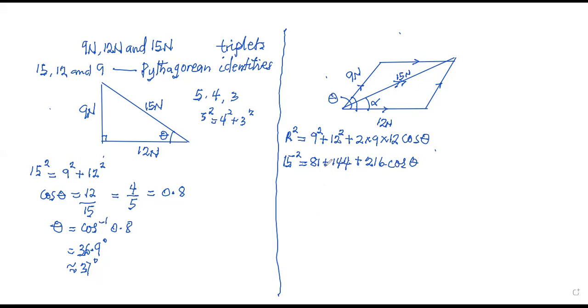Sum up this for me. This is 225. 81 plus 144.